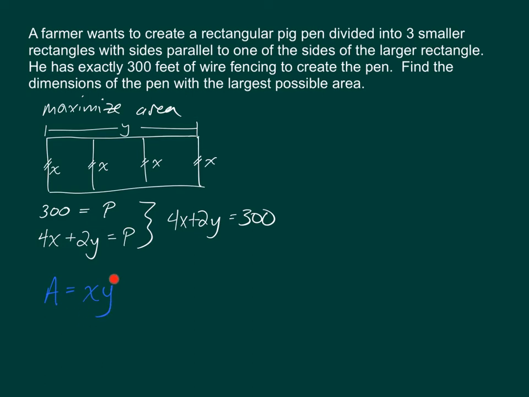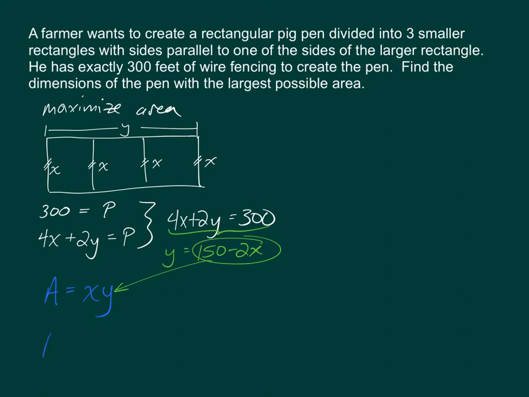Now again, this is in 2 variables. We don't want to optimize in 2 variables. We want to solve for one of them here. So I think I'm going to solve for y. If you solve this for y, you'll end up with y equals 150 minus 2x. And so we'll substitute this in for y. Hopefully you guys are starting to see the pattern by now.